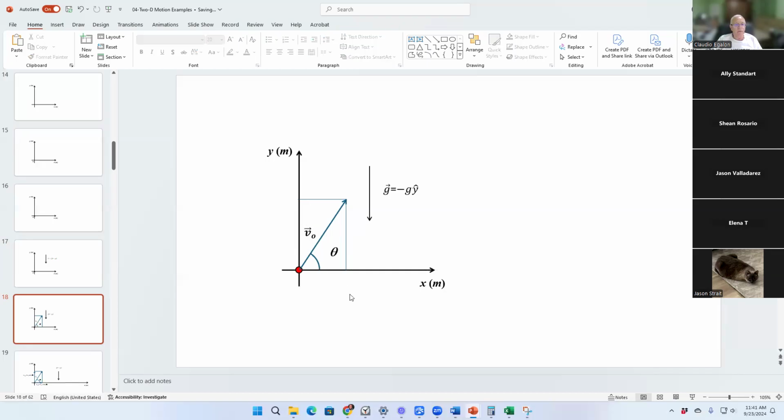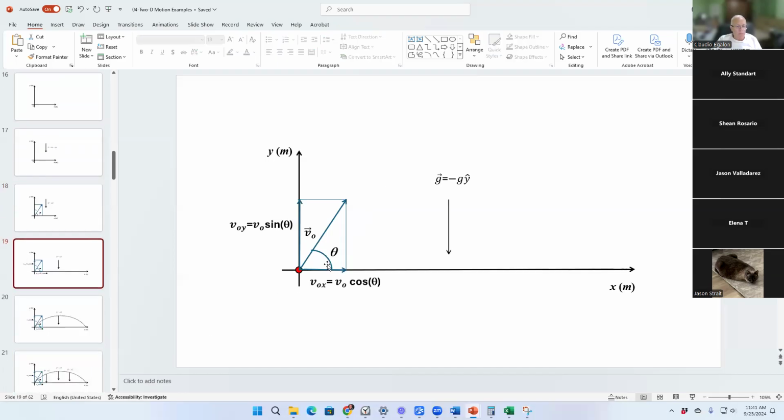So it's just like I'm propelling this particle, hitting it with a bat or firing it with a gun, okay? The initial velocity vector has an x component that's given by v naught cosine of theta, and it also has a y component given by v naught sine of theta.